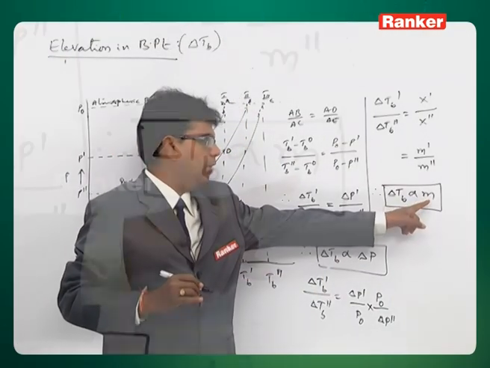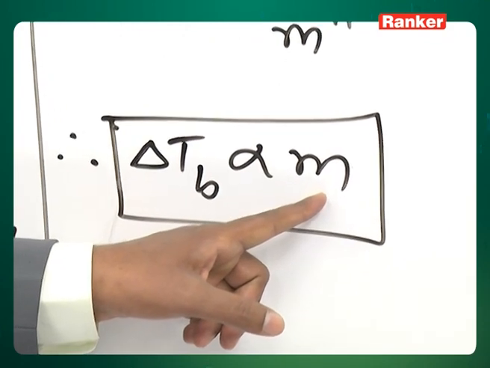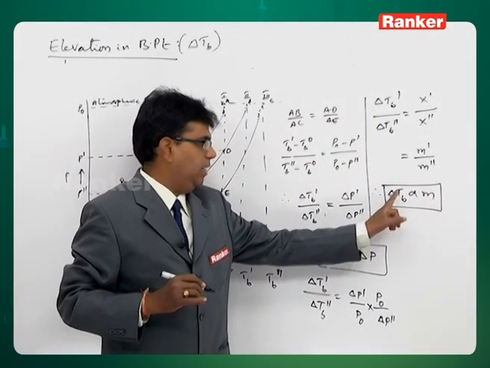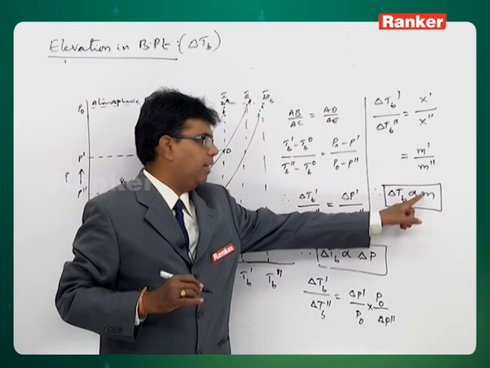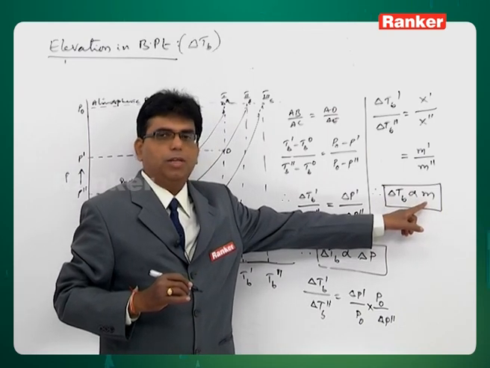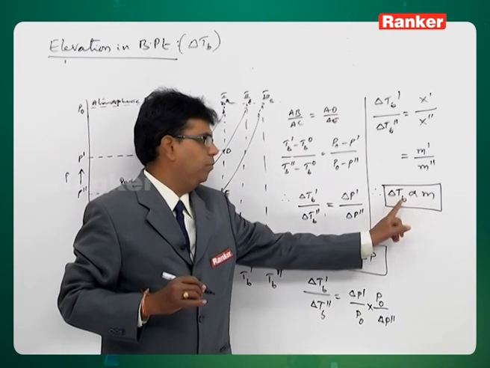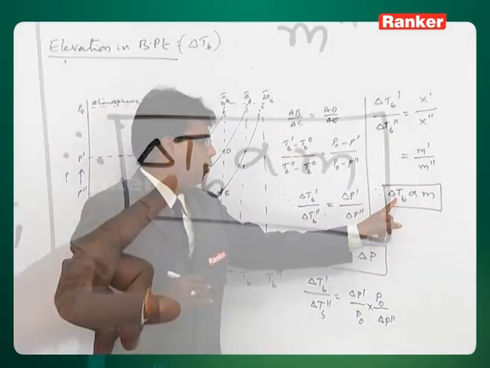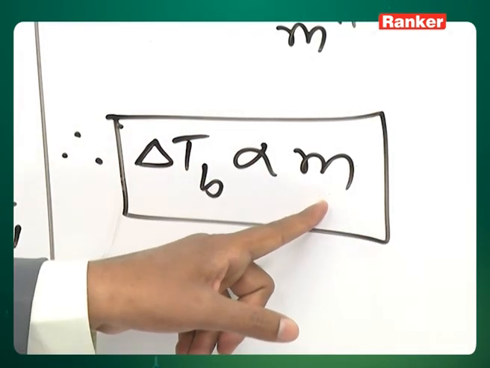When a non-volatile solute is added to a pure solvent to form a solution, the elevation in boiling point will be directly proportional to molality of the solute in solution, right. Now, this is about how elevation in boiling point is related to molality.